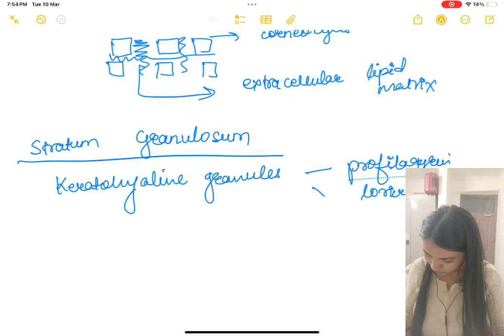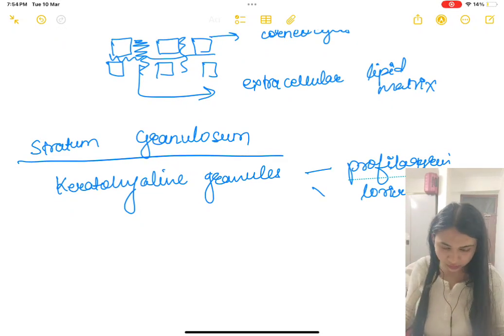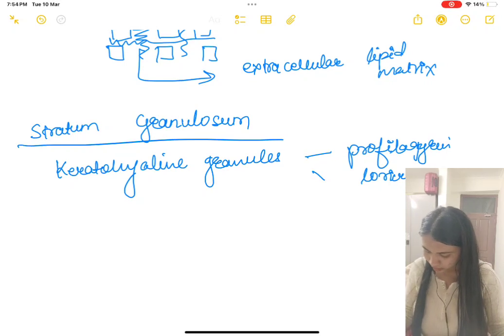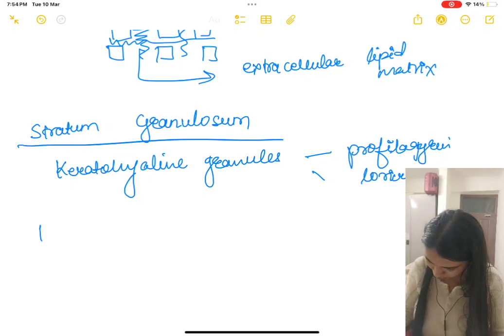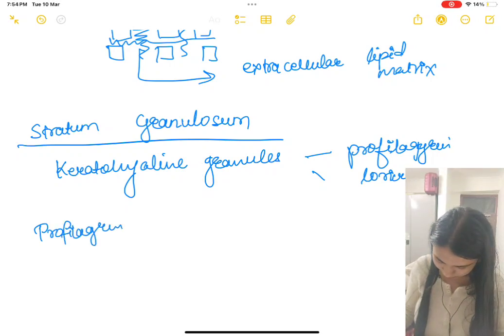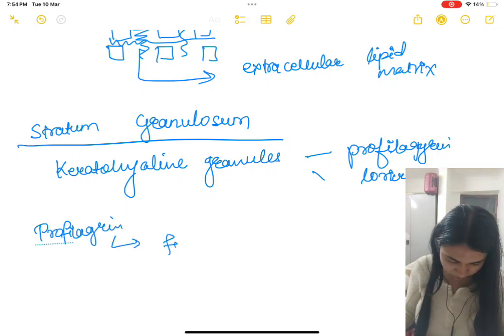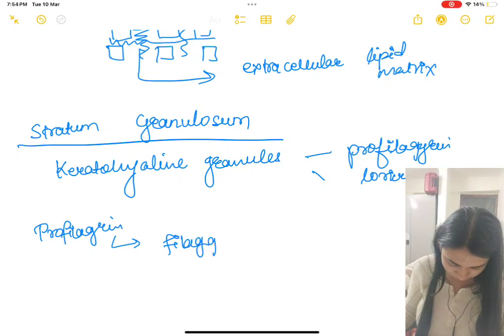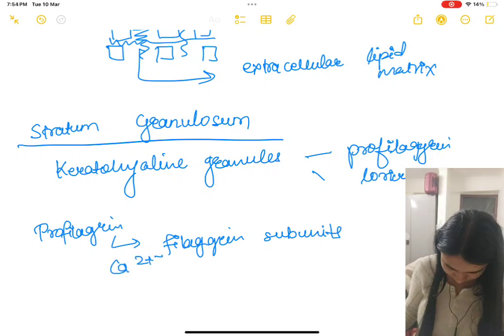Now these profilaggrin and loricrin will further be involved in the formation of the cornified cell envelope. So firstly the profilaggrin is converted to monomeric filaggrin subunits, which is a calcium dependent process.